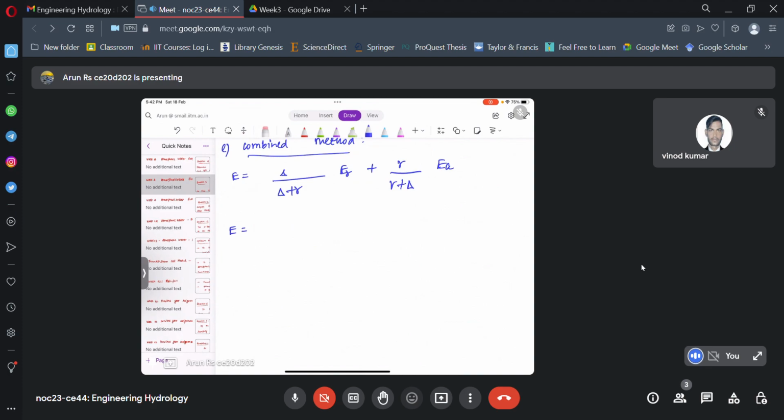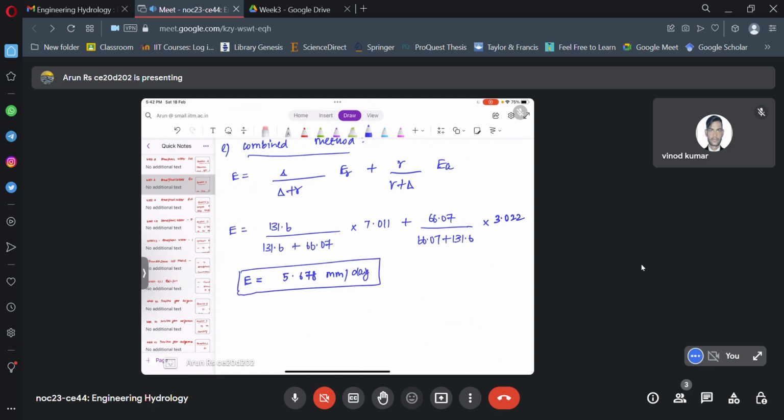So here E is equal to 131.6 divided by (131.6 plus 66.07) into 7.011, plus 66.07 divided by (66.07 plus 131.6) into 3.022. So this is equal to 5.678 mm per day. So we have computed this also.